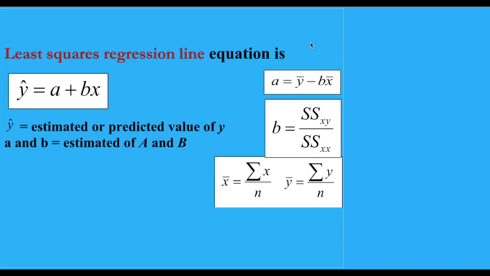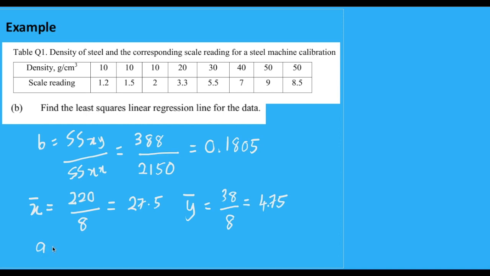4.75. So in order to find the value of the estimated y-intercept, we use this formula here, y bar minus b x bar. So a would be y bar minus b x bar. And this gives us negative 0.2127.